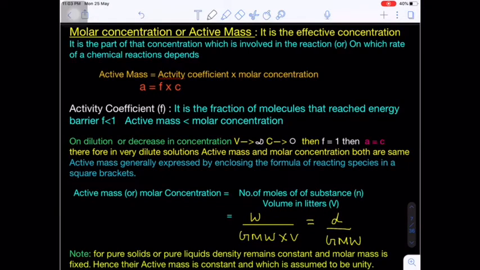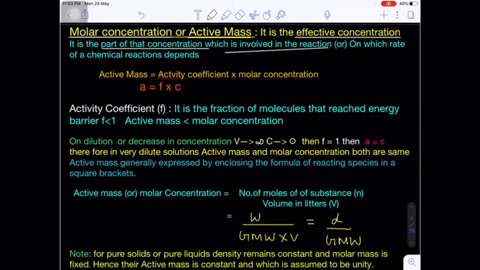Now what is the definition of a molar concentration, otherwise active mass? This is nothing but the effective concentration. That means the part of the concentration which is involved in the reaction.